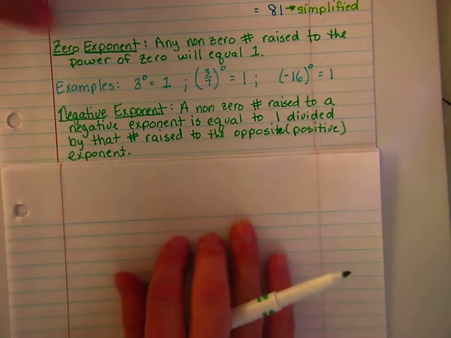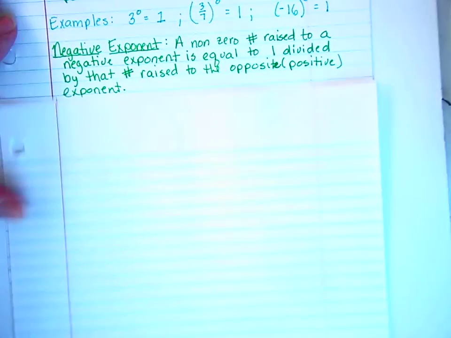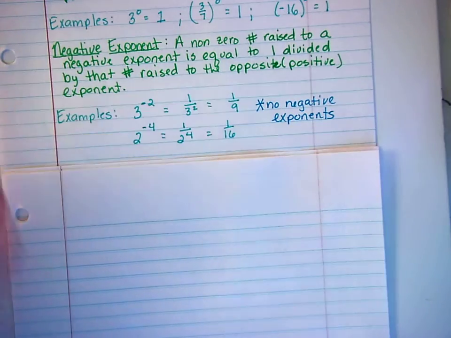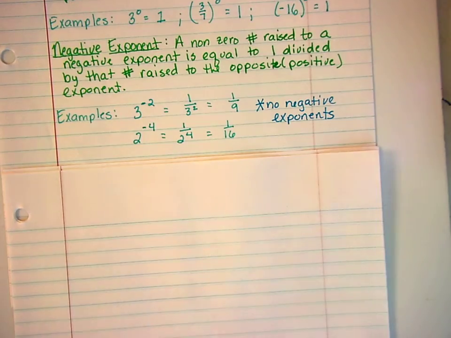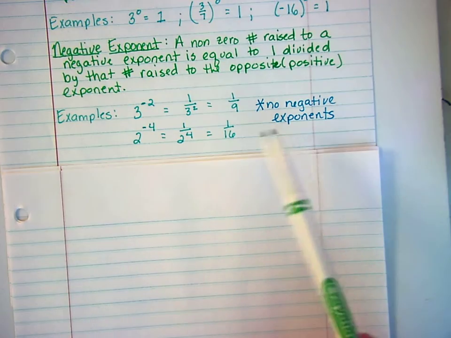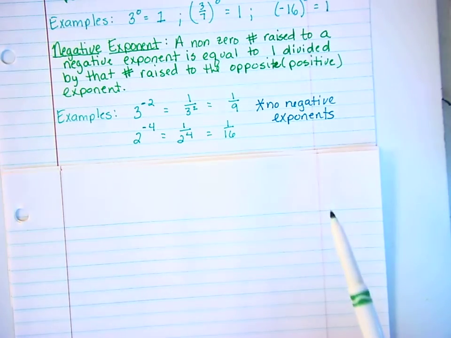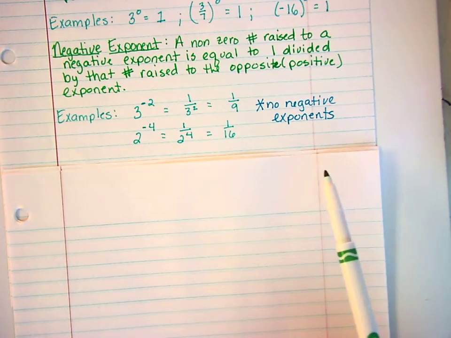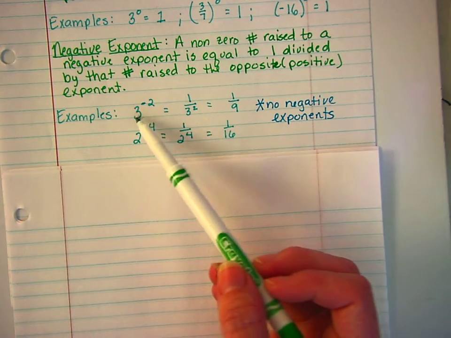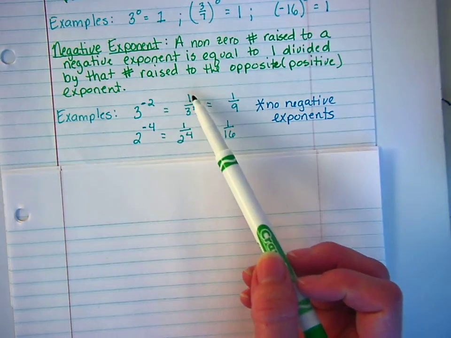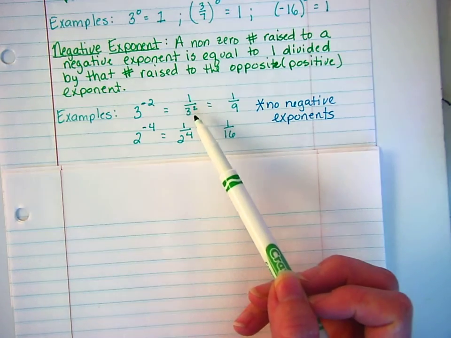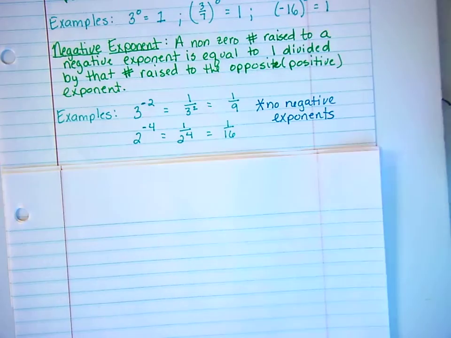Two examples. Put a little star here. This is what you need to remember. You do not want any negative exponents. So if I have 3 raised to the power of negative 2, that really means I have 1 over 3 to the positive 2, which is equal to 1/9.